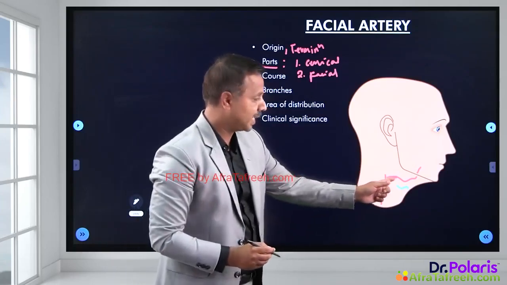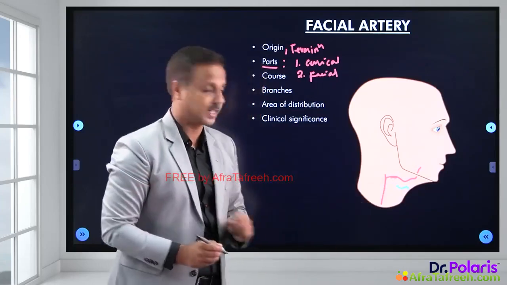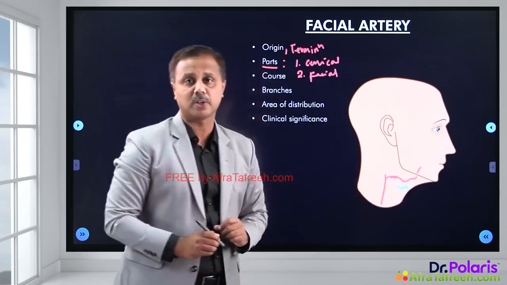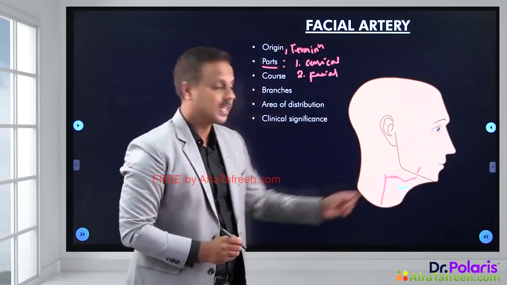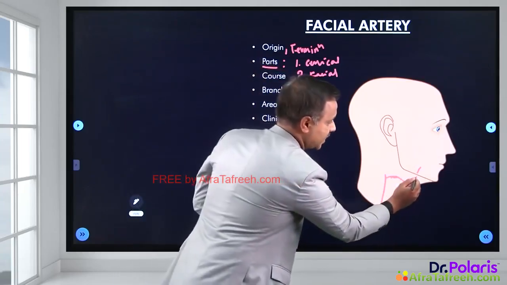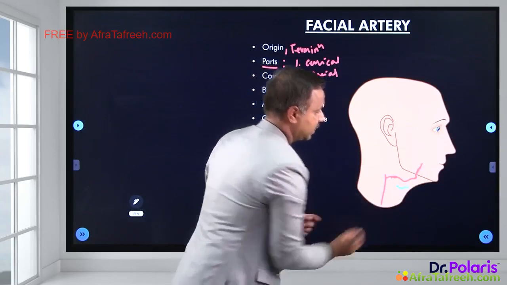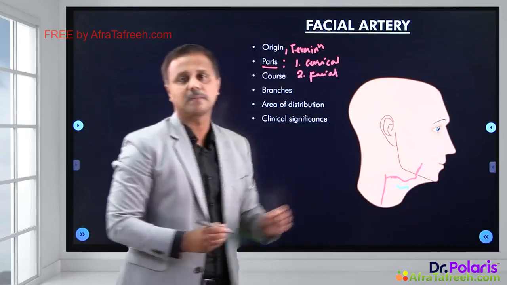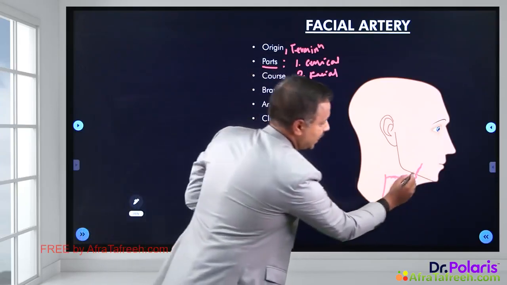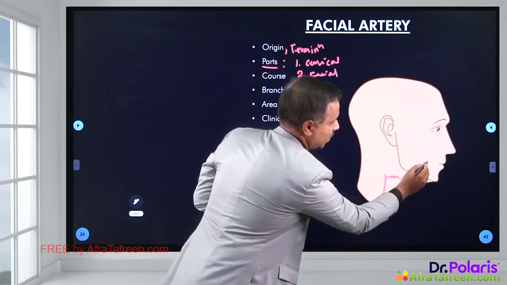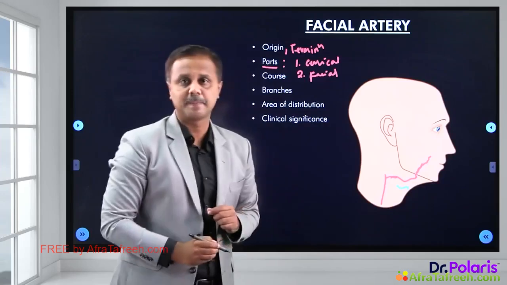After the origin from the external carotid artery in the carotid triangle, above the tip of the greater cornu of the hyoid, the facial artery is present in the digastric triangle. Then it enters the face by winding around the lower border of the mandible, or base of the mandible. Then when it reaches the face, the course becomes tortuous.